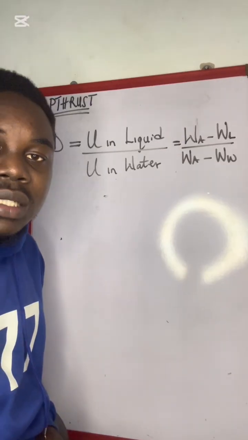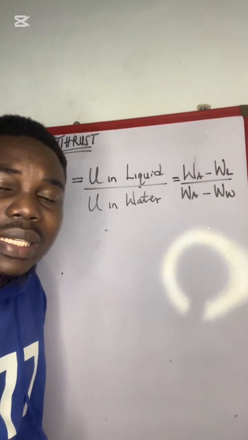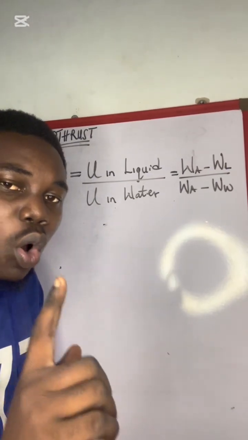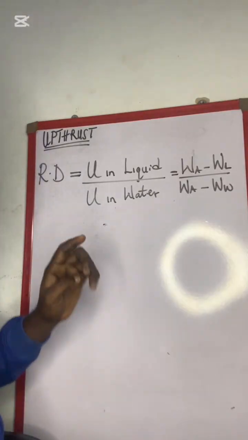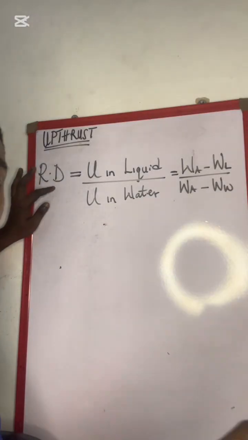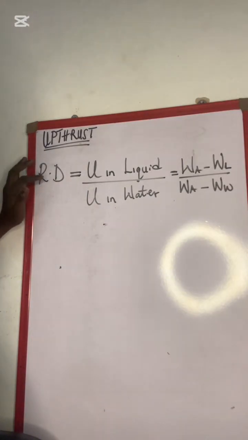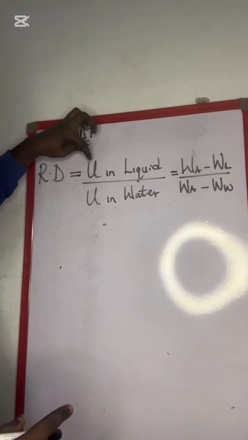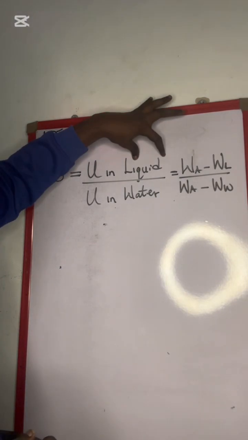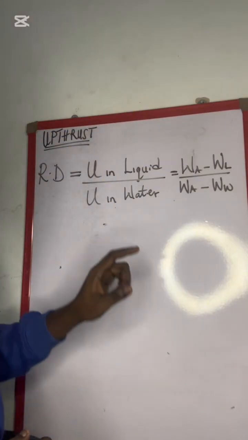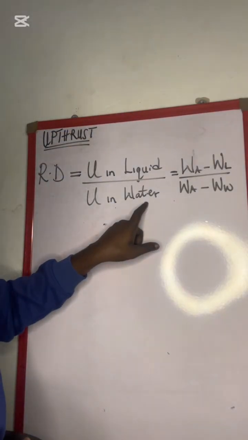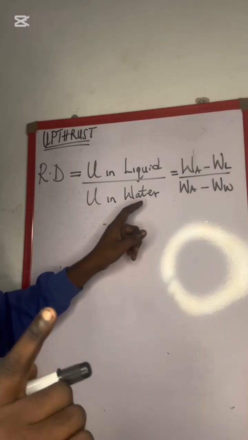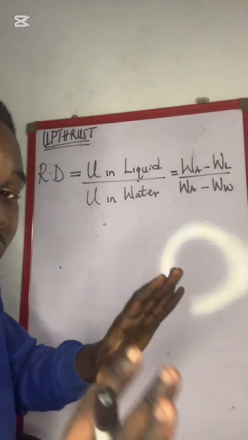Okay guys, now we've seen what upthrust is about. We can also relate relative density with upthrust. How? The relative density can also be equal to upthrust in liquid divided by upthrust in water. Now recall, upthrust is apparent weight loss.